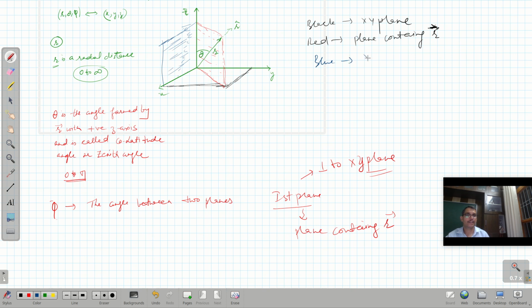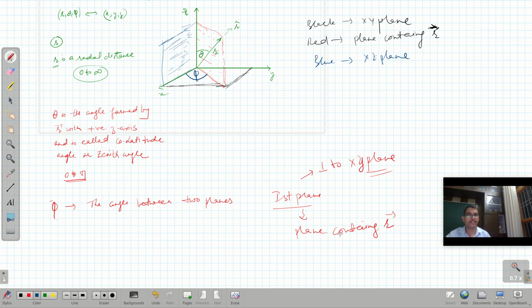It's the XZ plane. So the angle between these two planes: one is the XZ plane or ZX plane, and the other plane is this one which is containing R. This is known as phi, right? So phi is the angle between two planes.